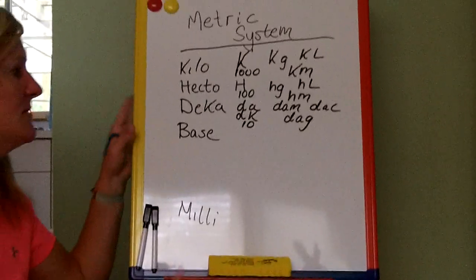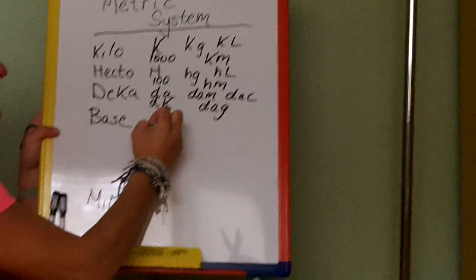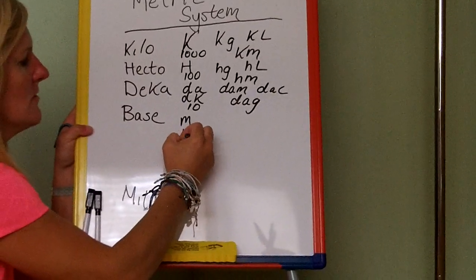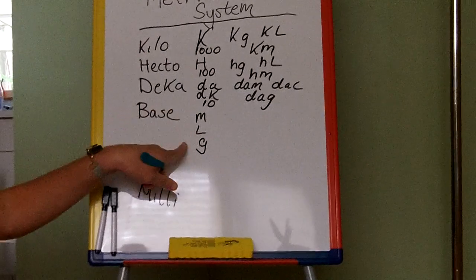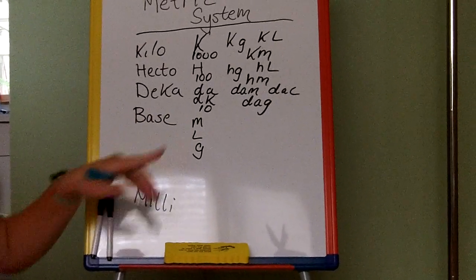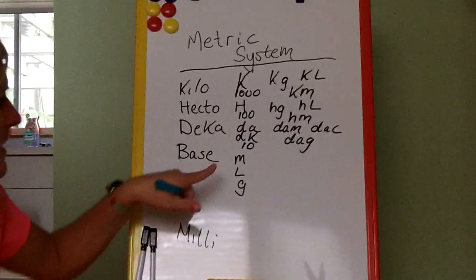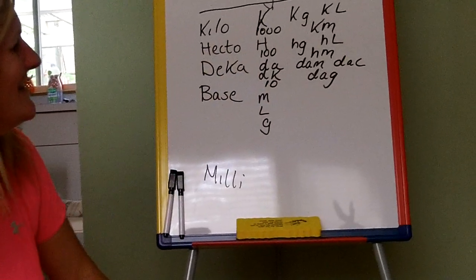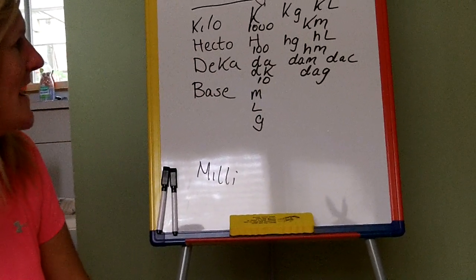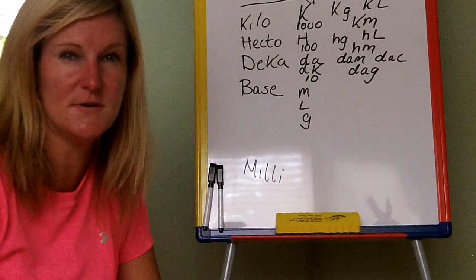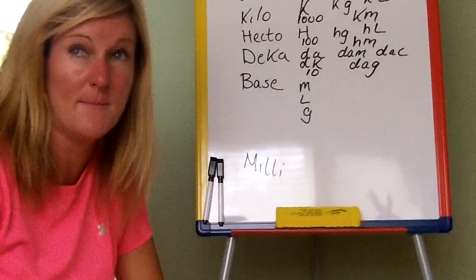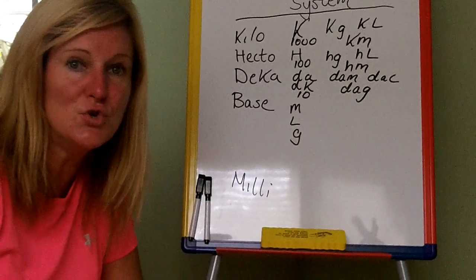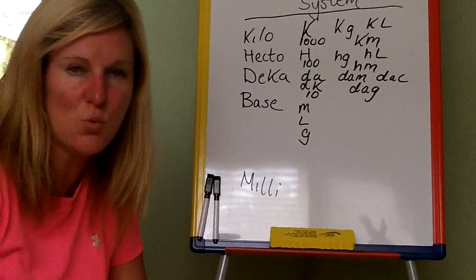Then we have our base units. We have the meter, we have the liter, and we have the gram. You'll notice that these can all stand alone, like you've seen 1 meter stick, but if we're measuring something of a longer distance, I can hook kilo to it, and I can consider it kilometer. Some of you probably, if you've been to different countries, have seen it doesn't say on the exit signs like 2 miles till exit 20.